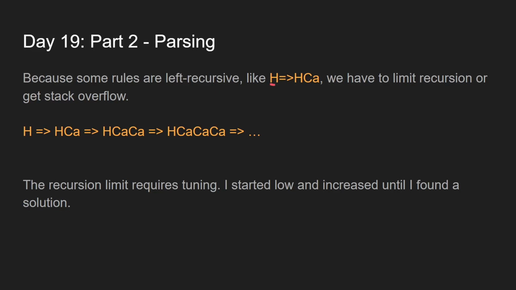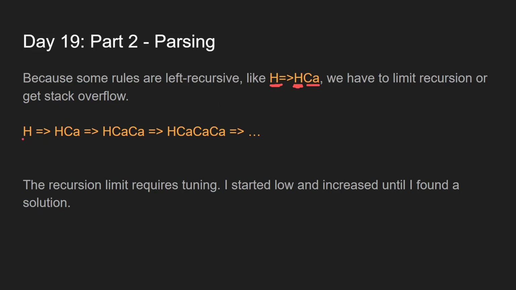So left recursion occurs in a parsing grammar where you have some rule that can match a token with a new string that starts with the same token. So for example, in this case, replacing H by HCA, then we have the same token on the left side.